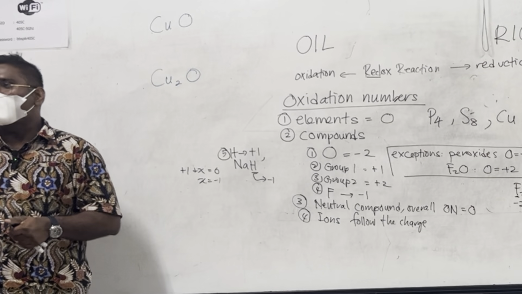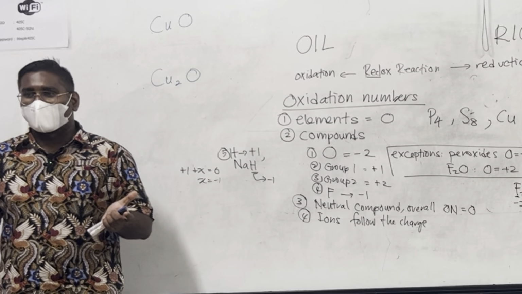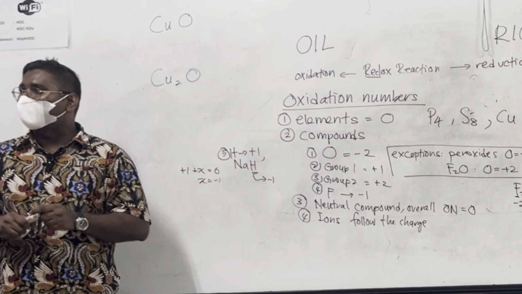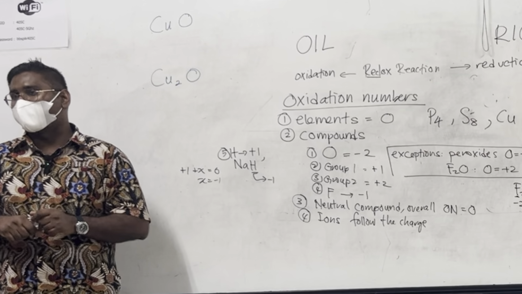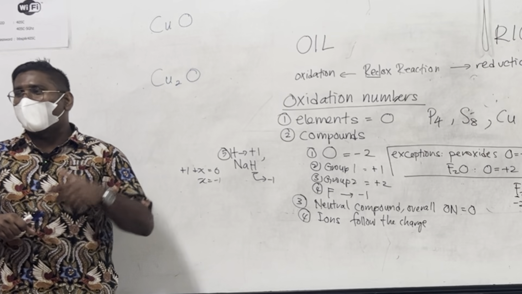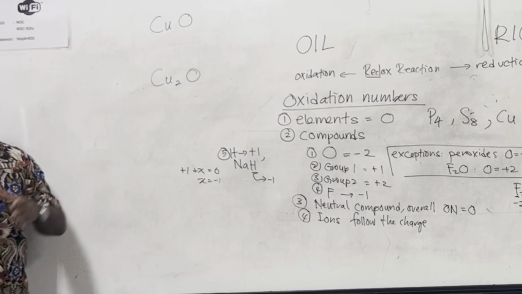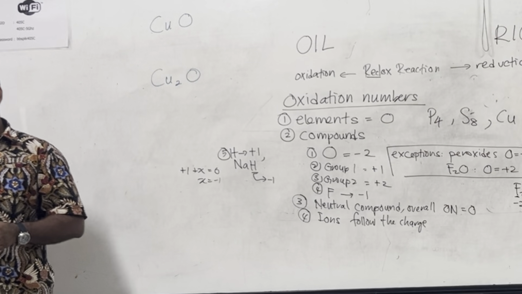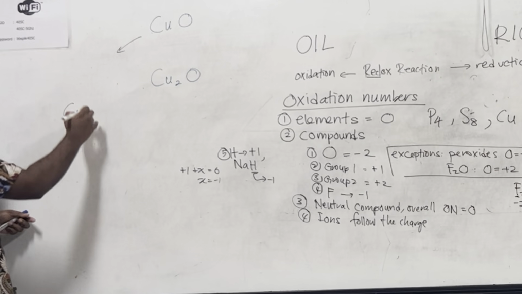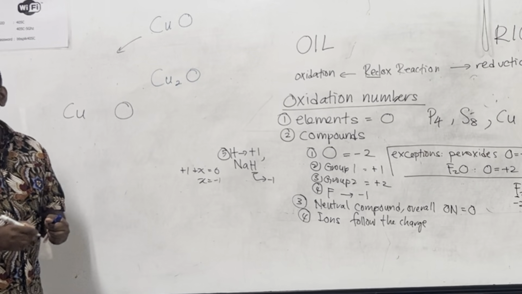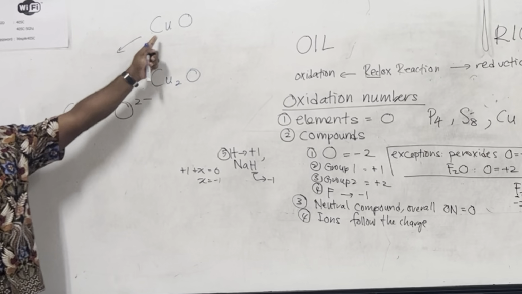Why they are different? Okay, because you would have learned that copper are transition metals. And transition metals in IGCSE, we have learned that they have variable oxidation number. Okay, so we are dealing with oxidation number now. Now if you look over here, oxygen is always 2 minus. So if you separate this, copper, and then oxygen 2 minus, CuO.